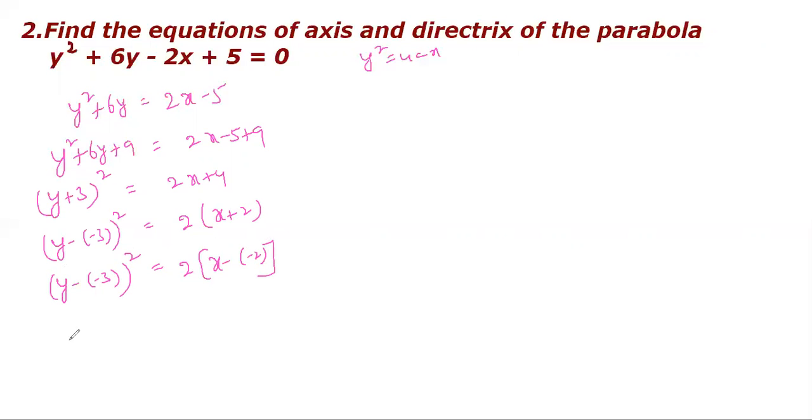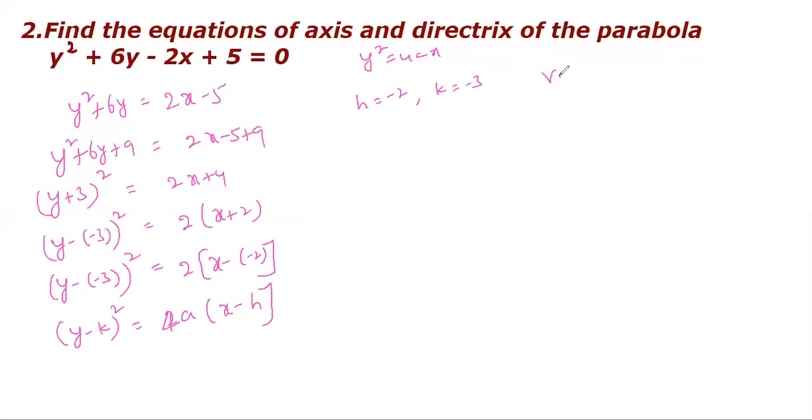When I compare this with (y minus k) whole squared equals 4a times (x minus h), we get h equals minus 2 and k equals minus 3.